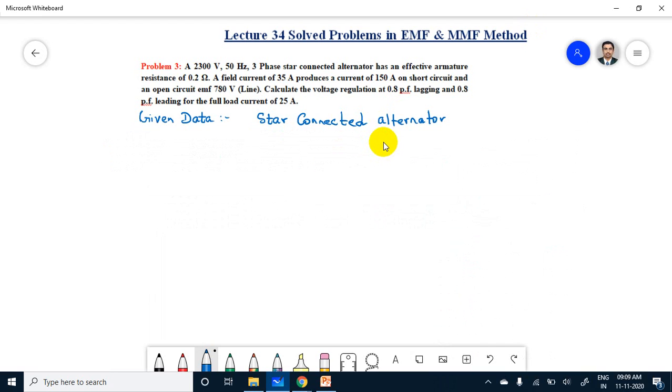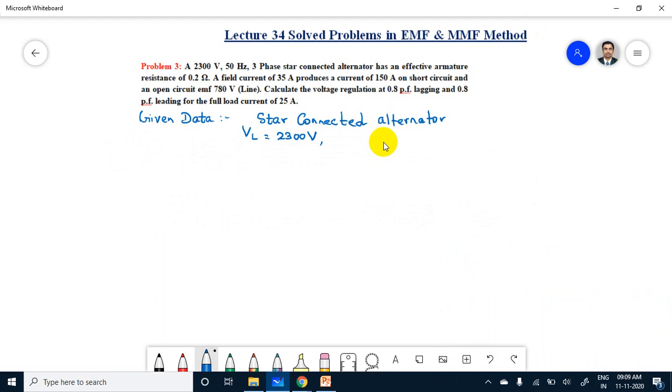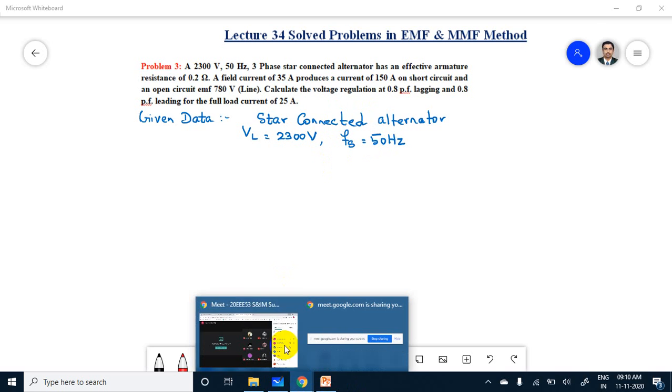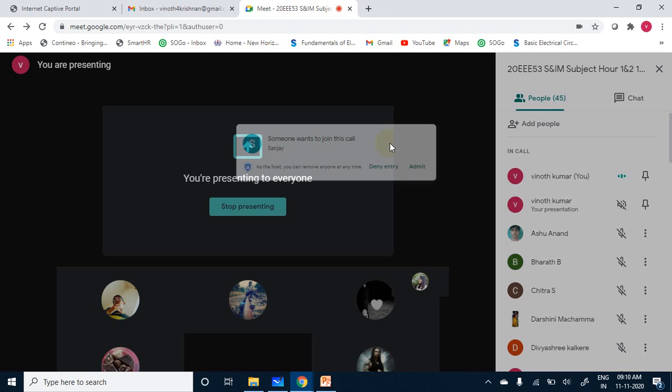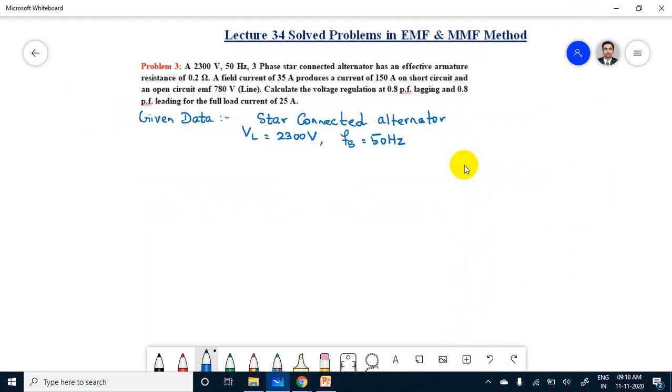The line voltage will be VL equal to 2300 volt. Students, is my voice audible now? Yes, sir. Okay. VL equal to 2300 volt. And the supply frequency F is 50 hertz.